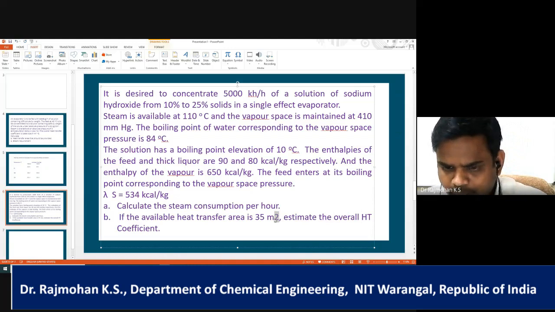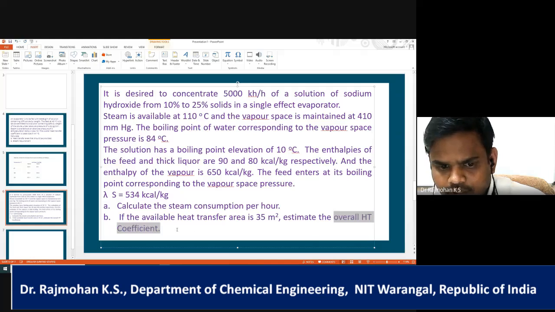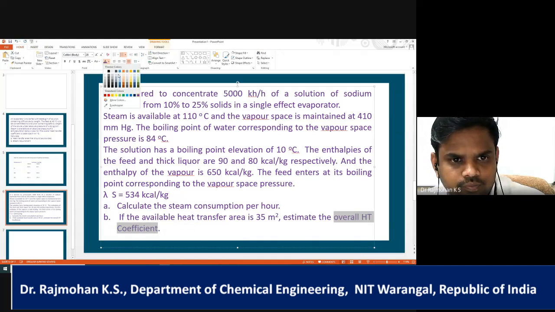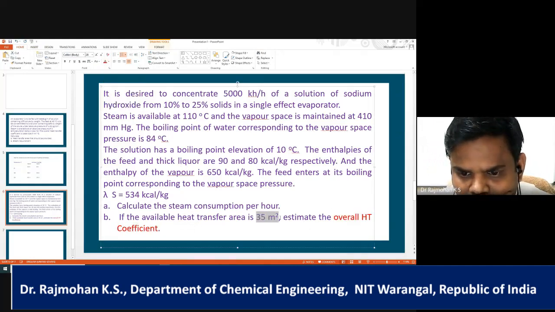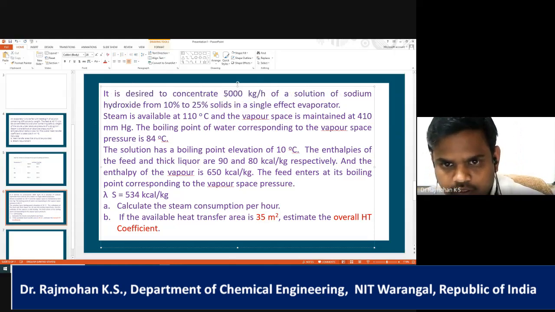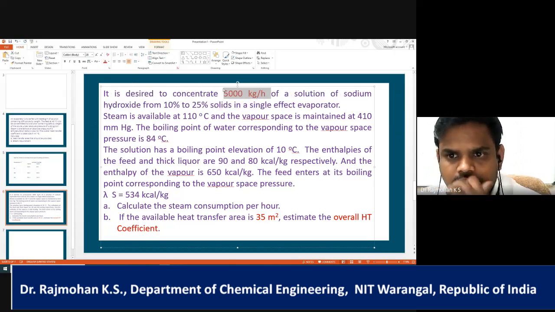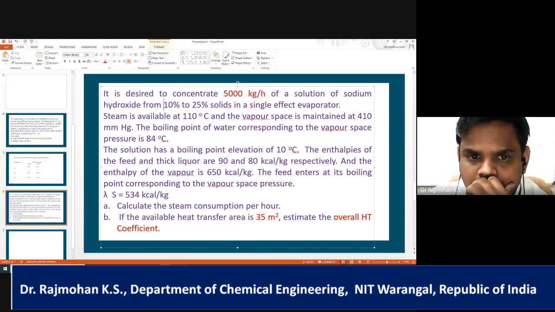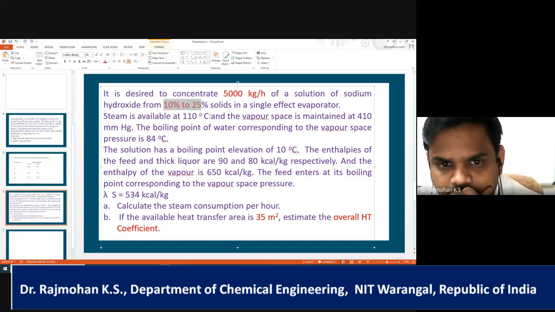In the previous problem, heat transfer coefficient is given. We have calculated the available area. In this problem, we have to determine the overall heat transfer coefficient, but area is given. So it is decided to concentrate 5000 kg per hour of solution of sodium hydroxide from 10 to 25 percentage.